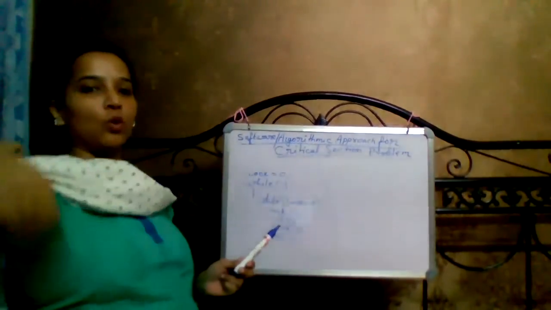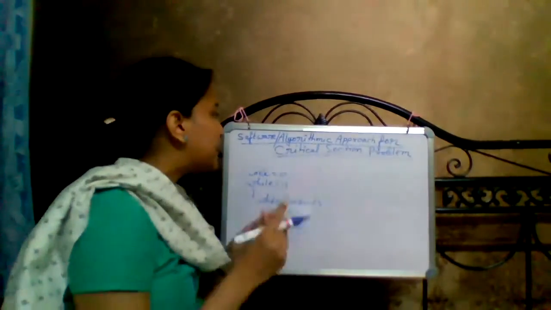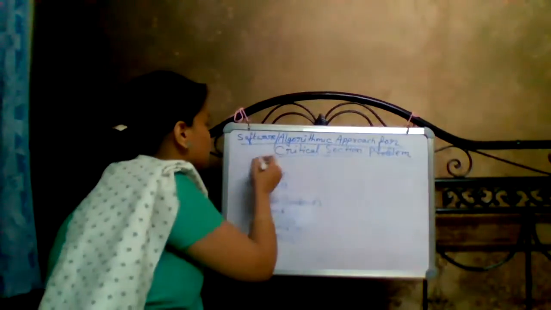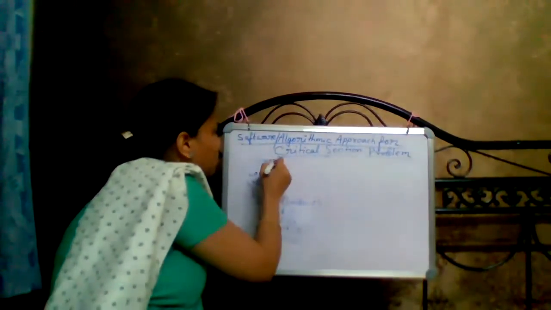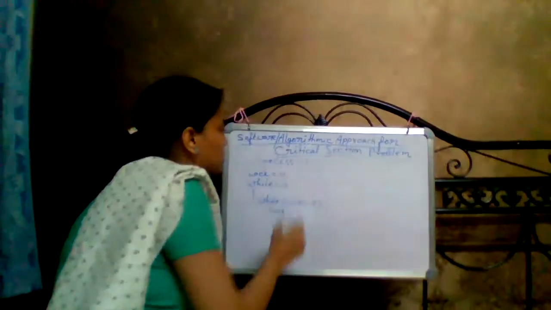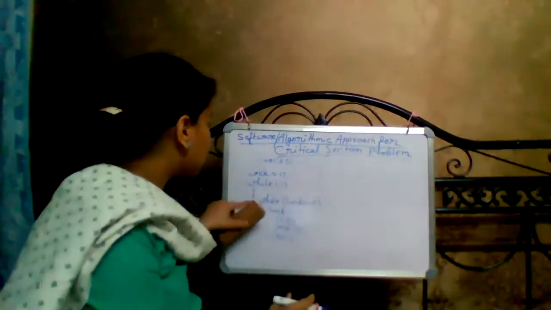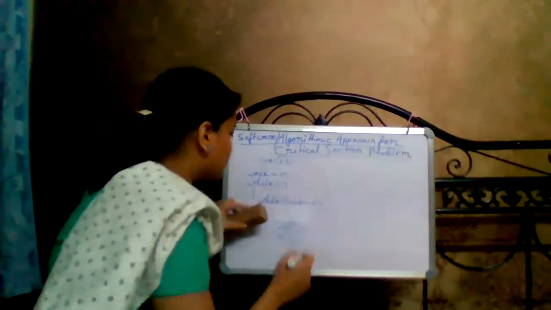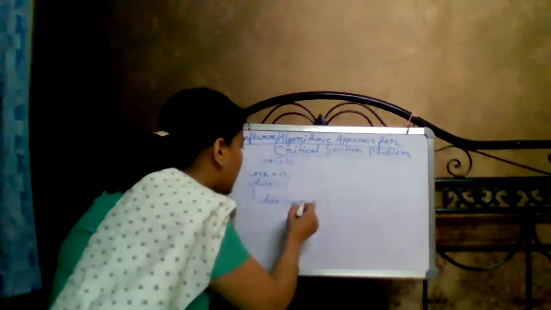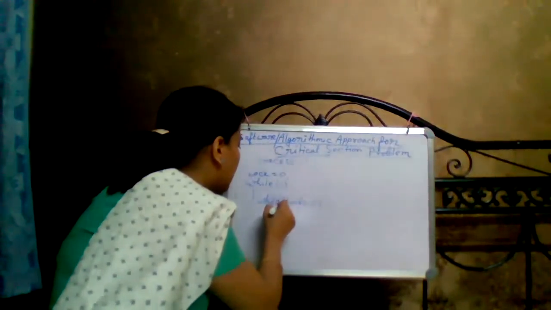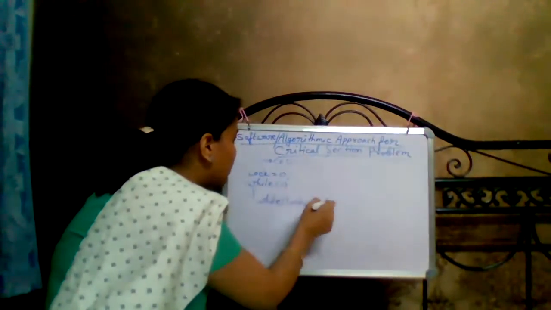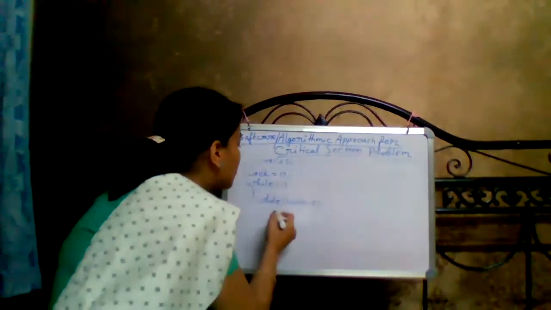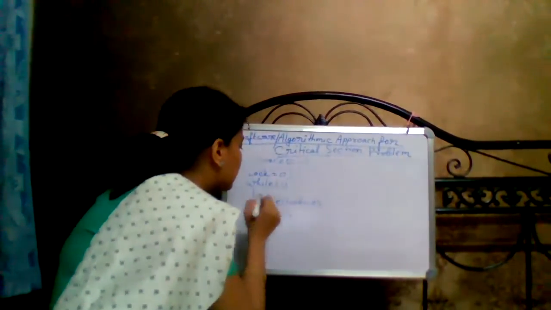alternation. We alter the code. Here we consider two different codes for two different processes. For process 1, we alter the code: while lock is not equal to 0, which means lock is 1, it loops. Otherwise it enters its critical section.